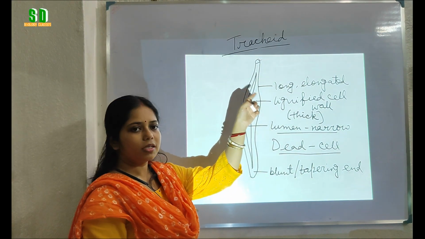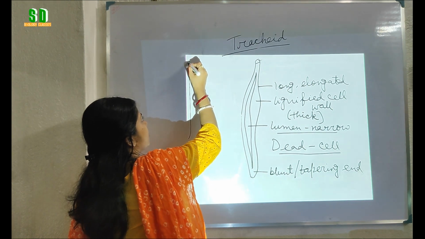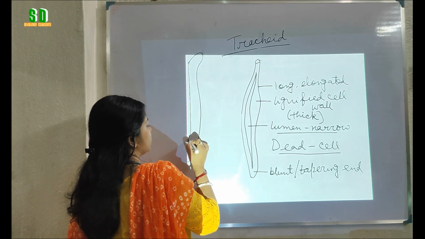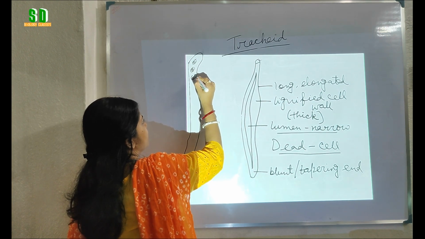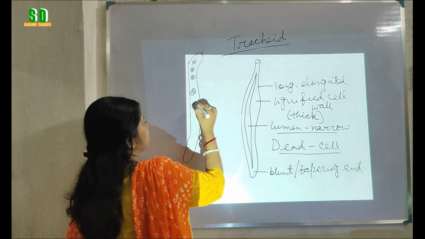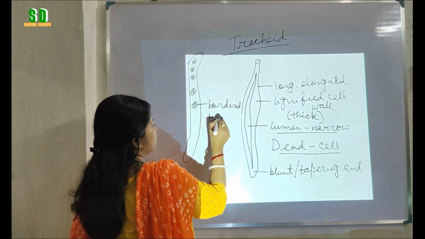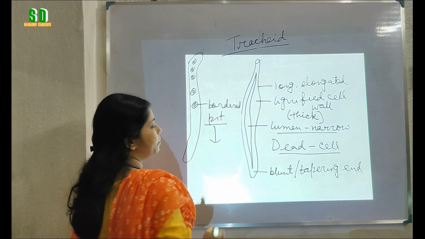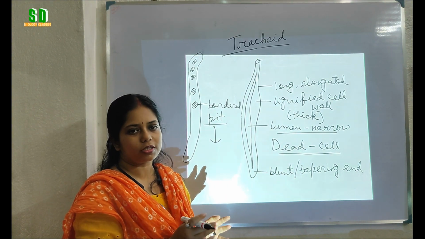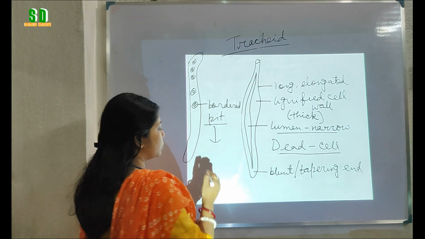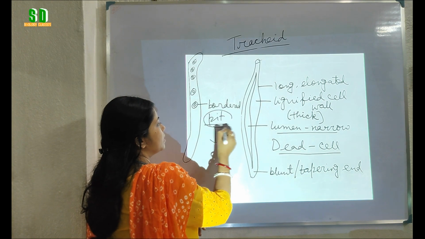So here we have the structure of the tracheid. On the lateral wall as well as on the end wall of the tracheid, bordered pits are present. These are the bordered pits. Now the question is, what is a pit? In case of the tracheid cell wall, we have seen that the lignin deposition is there. So the places where lignin is not deposited in the cell wall form a pit-like structure.